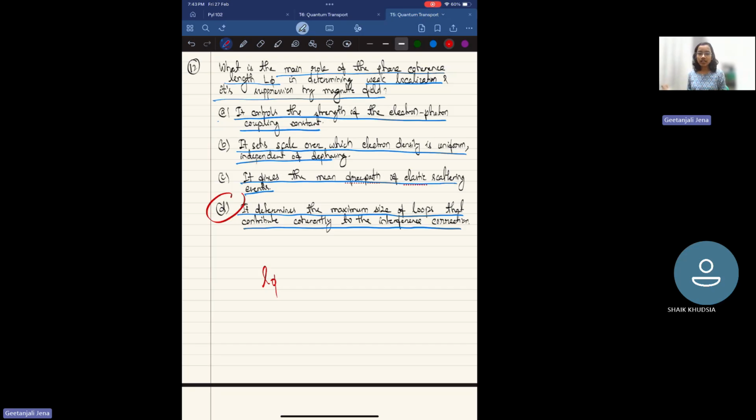But if it is greater than L_phi, then there won't be any phase coherence, so the weak localization will break. So it sets the limit where the maximum size of the loop can be determined, and depending on that, they will contribute coherently to the interference correction. So if it is showing weak localization, then there is a coherence correction, a quantum correction to the conductivity.